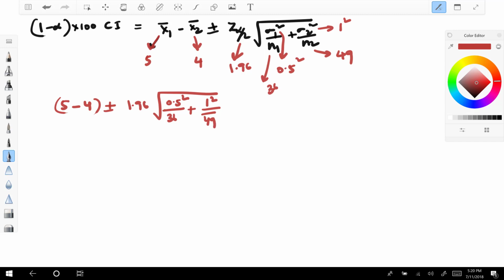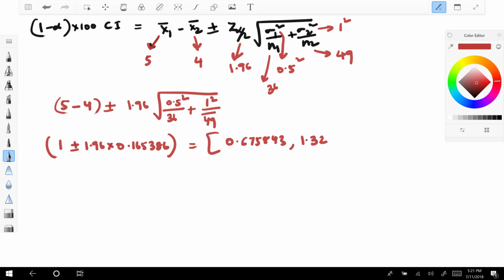So this is going to give us 1 plus or minus 1.96 multiplied by 0.165386. So the interval would be 0.675843 and 1.324157.